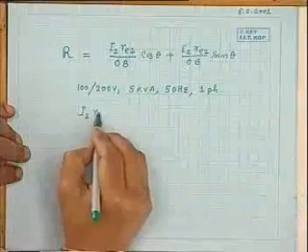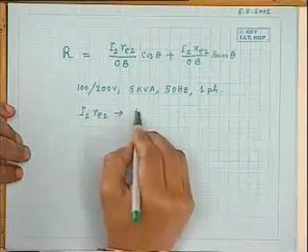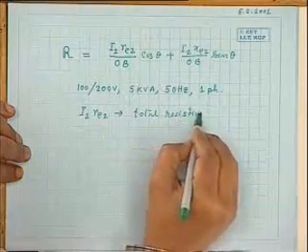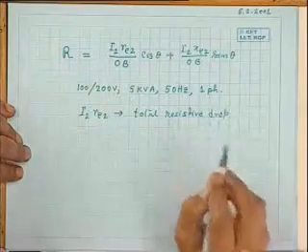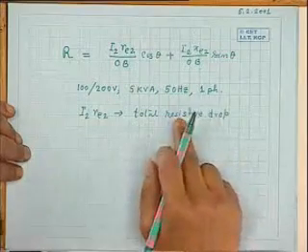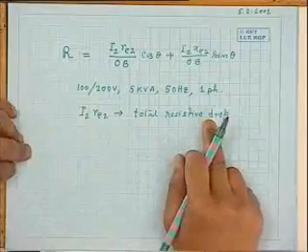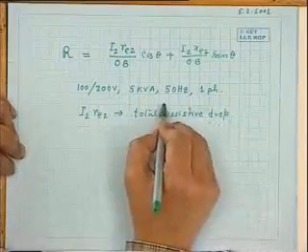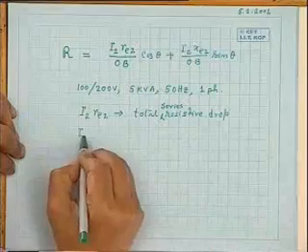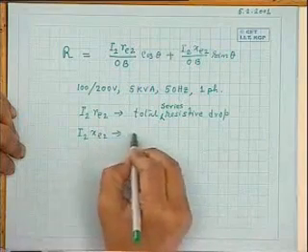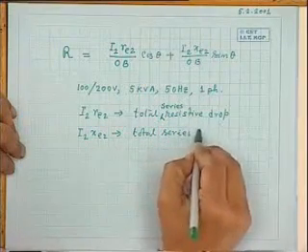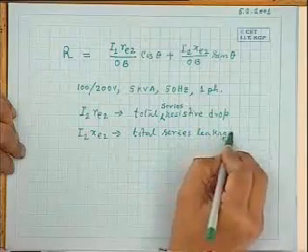So I2 RE2 is the total resistive drop, and it is understood we are not referring this resistive drop to the core loss resistance component in parallel, but the total series resistive drop. Similarly, I2 into XE2 is the total series leakage reactance drop.